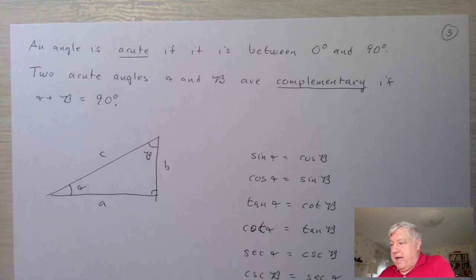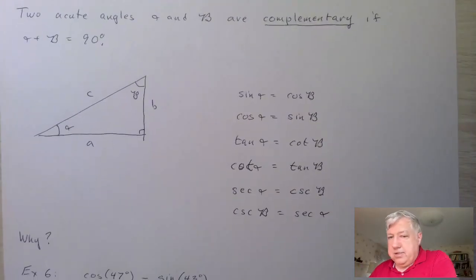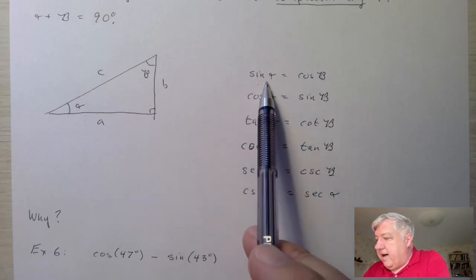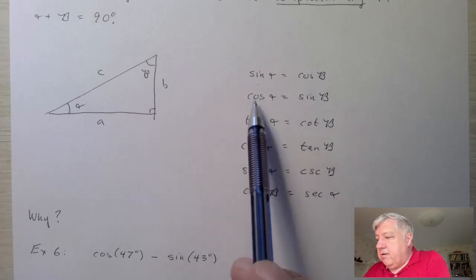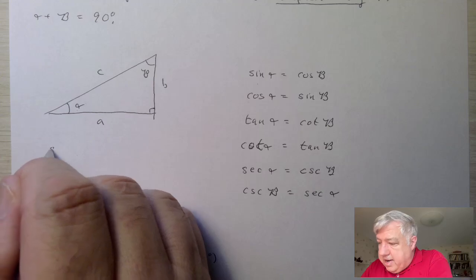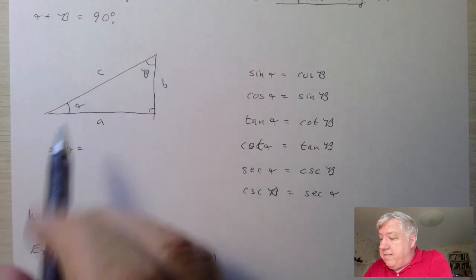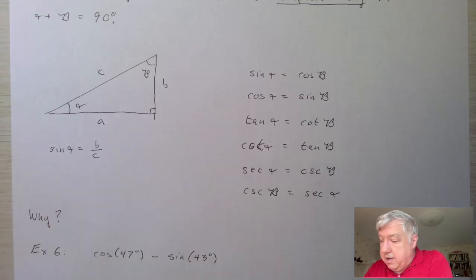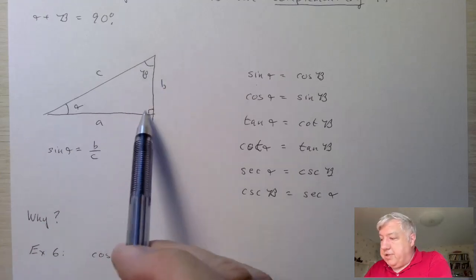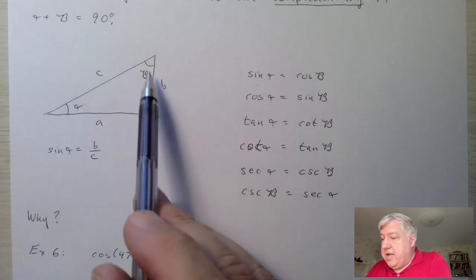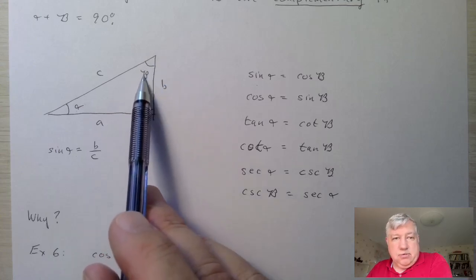And because of that, we have these nice relations between the trig functions. The sine of alpha is going to be the cosine of beta. Why is that? Because the sine of alpha would be B divided by C, the opposite over the hypotenuse. But B is also the adjacent side of beta, right?